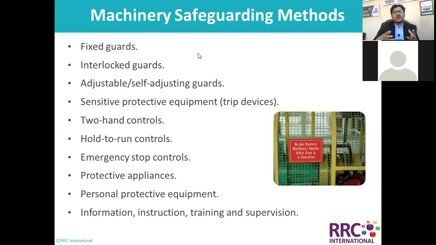What you are doing is highlighting through your risk assessment the design features which must be discussed proactively and incorporated when you issue the purchase order to the manufacturer or supplier. In the same way, emergency stop controls, protective appliances, personal protective equipment, information, instruction, training and supervision must be there.